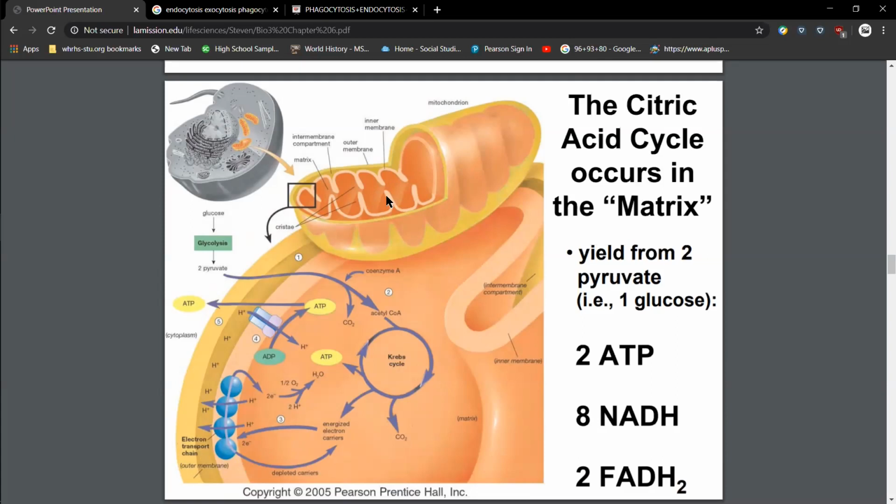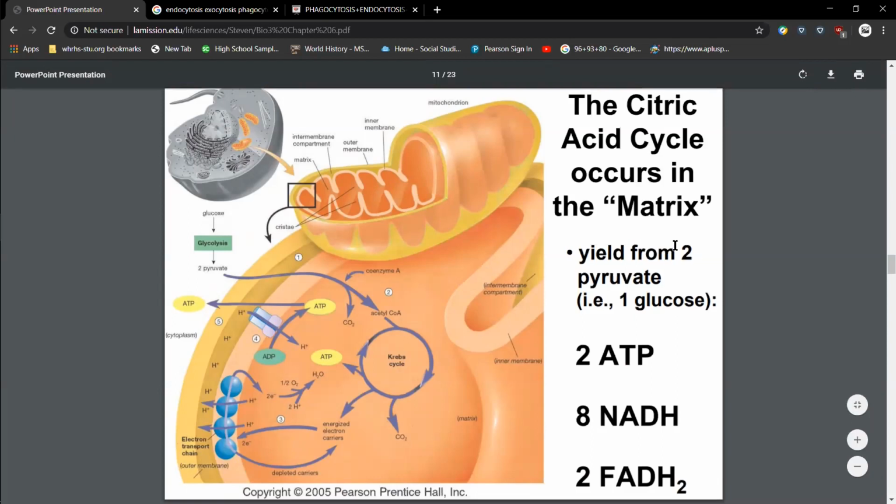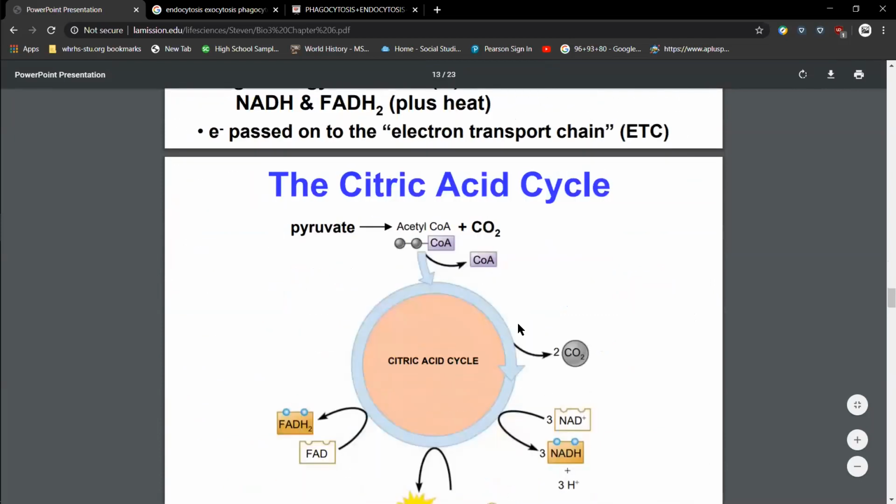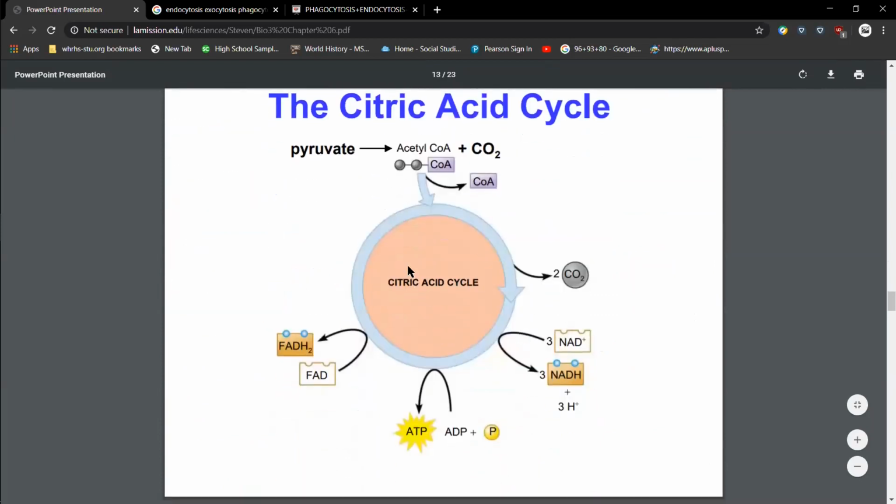So the Krebs cycle, or the citric acid cycle, whatever you want to call it, takes these 2 pyruvate and kind of recycles them. I don't know if they have a diagram. Okay, they're here. So the first step of the citric acid cycle is that this pyruvate is converted into a molecule called acetyl-CoA. Acetyl-CoA is made up of an acetyl group and a CoA molecule.